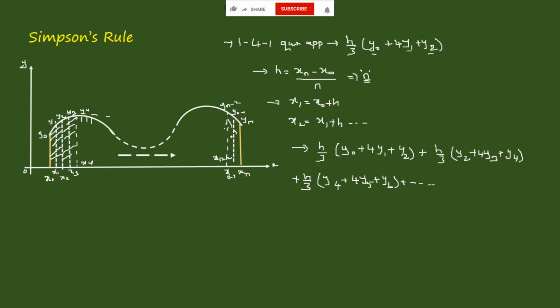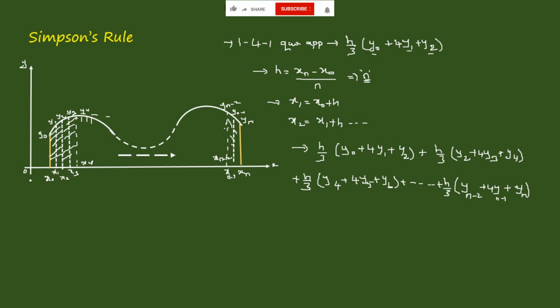Find the area of this one also. Then you get plus h by 3 into y of n minus 2 plus 4 times y of n minus 1 plus y of n. What are we doing? Just dividing the graph.